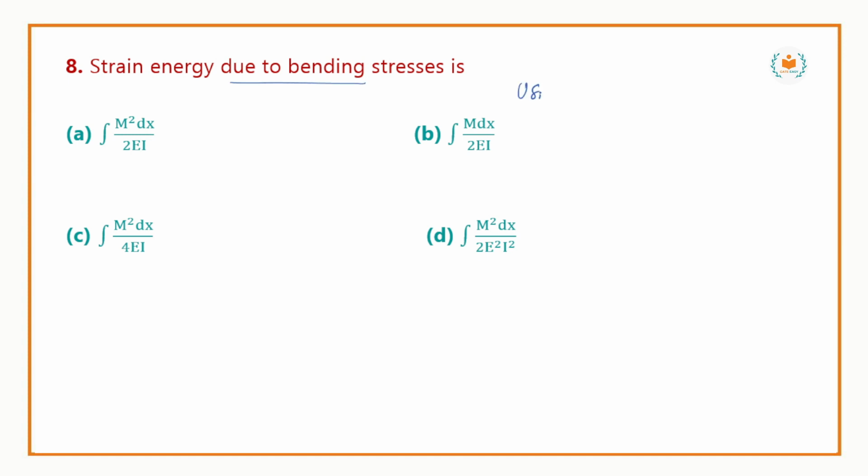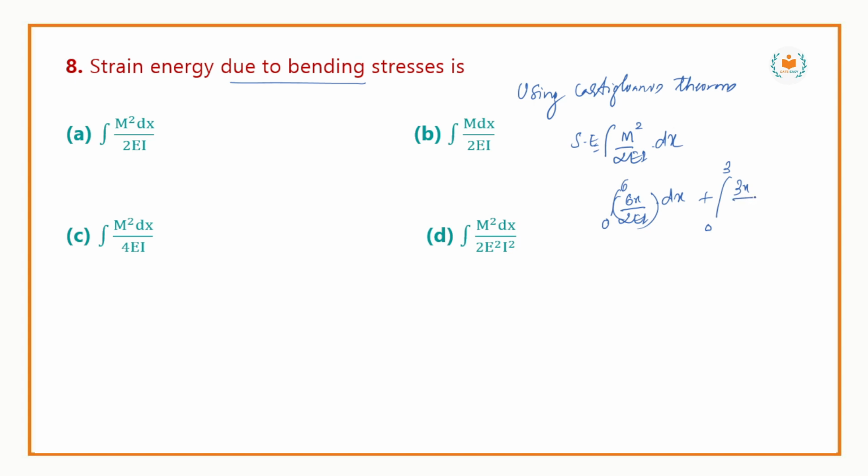Using Castigliano's theorem, we have defined that the strain energy stored in a body is the integral of M square divided by 2EI into dx, where we consider the moment about a particular section and apply the limit, say 0 to 6 meter, with the moment equation 6x divided by 2EI into dx, plus for the remaining span of say 0 to 3 meter, 3x whole square divided by 4EI, if the moment of inertia is 2 times the initial value, into dx.